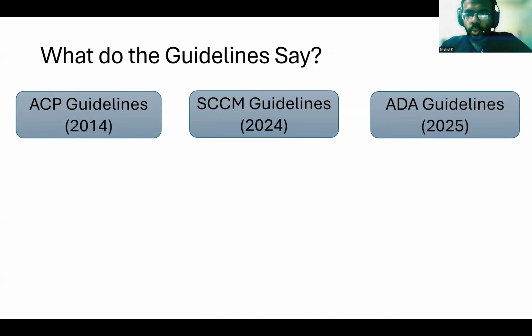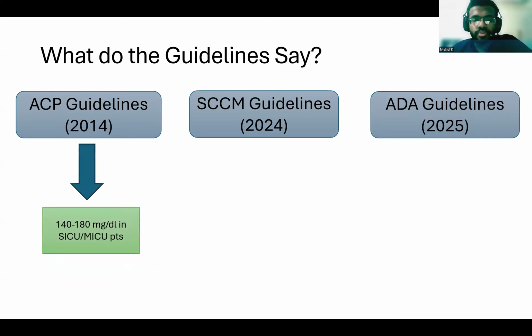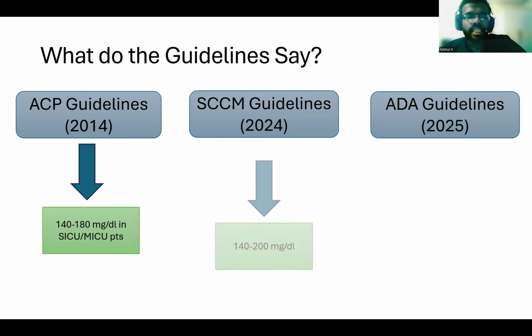So ultimately, what do the guidelines say based on the literature that I just described to you? You have ACP guidelines from 2014, SCCM guidelines from 2024, and the latest ADA guidelines in 2025. ACP guidelines recommend somewhere between 140 to 180 in surgical and medical ICU patients.